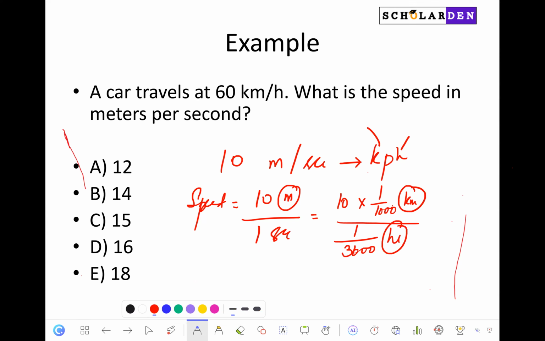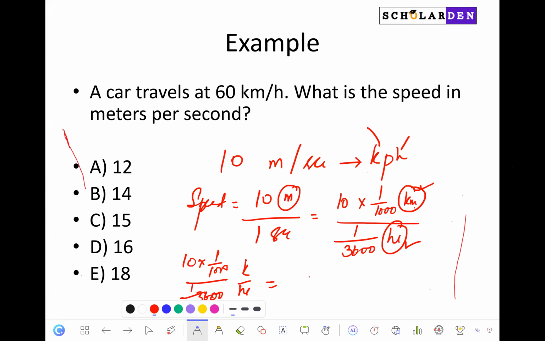All we are supposed to do now is manipulate these fractions. As far as the units are concerned, we're getting kilometers in the numerator and an hour in the denominator. So 10 times 1,000 over 1/3600, and this is kilometers per hour.